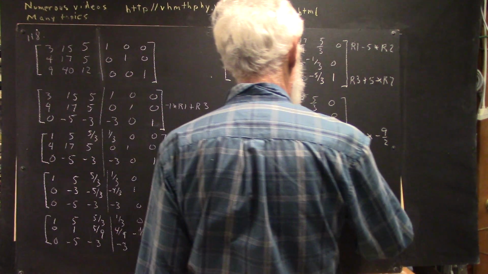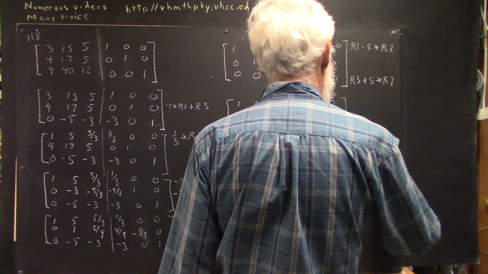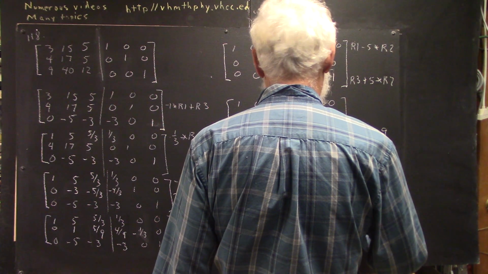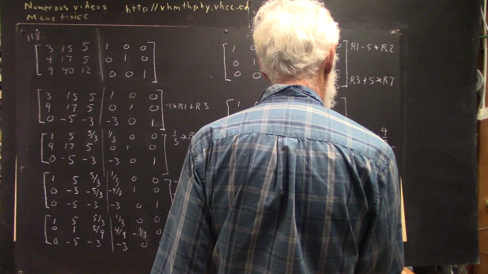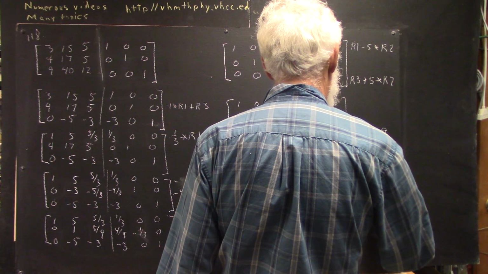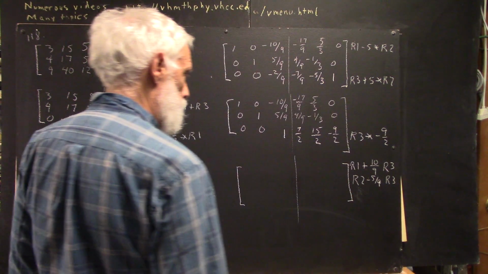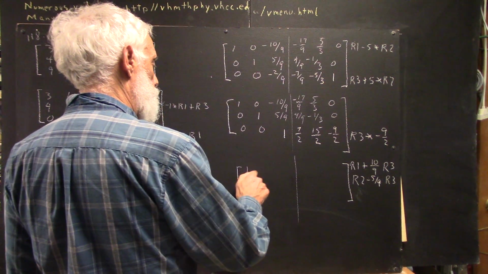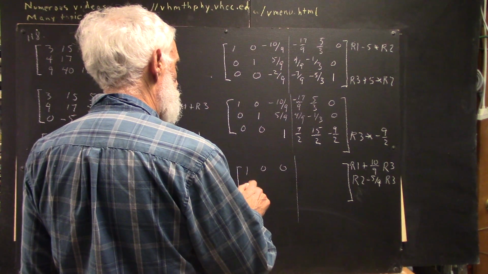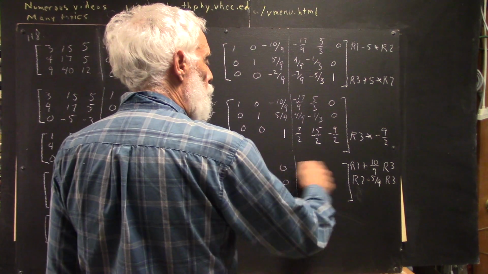So this is going to be row 1 plus 10/9 of row 3. Row 3 is going to stay the same. This is going to be row 2 minus 5/9 of row 3. Okay? And that's going to give you 1, 0, 0, 0, 1, 0, 0, 0, 1, and whatever you get over here.